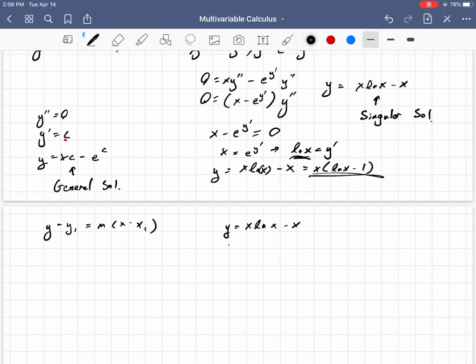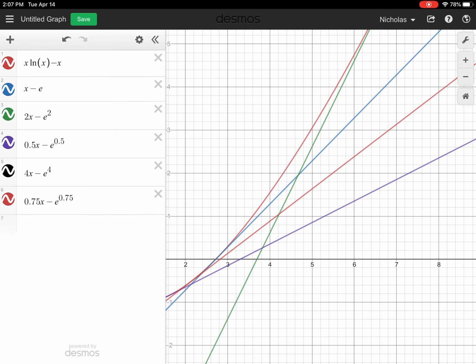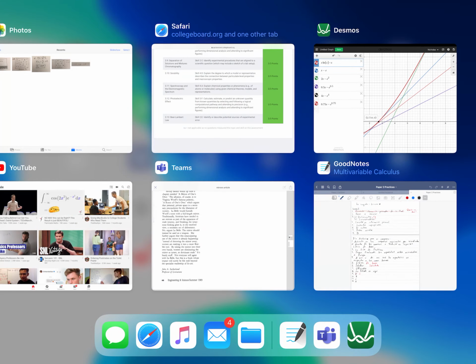So we have y minus y1 is equal to m times x minus x1. So our curve y is x ln x minus x, so the derivative has to be the natural log of x, since that's what we integrated to get x ln x minus x. So now I plug in at e, so y prime of e is just 1, so our slope there is 1.